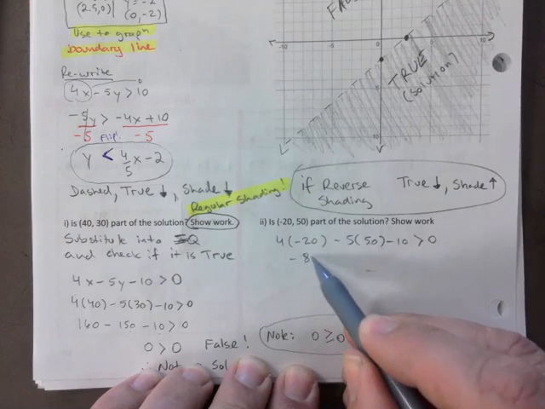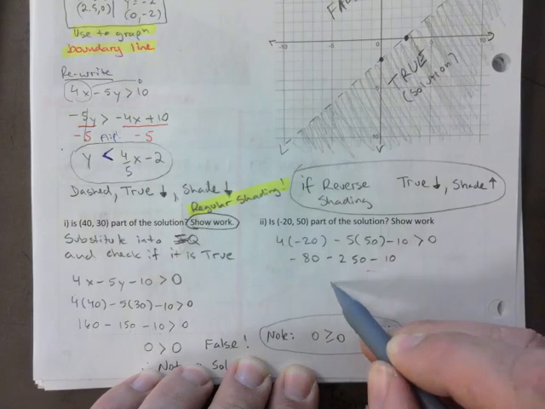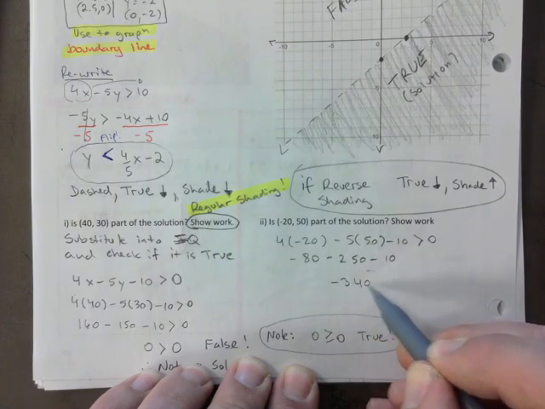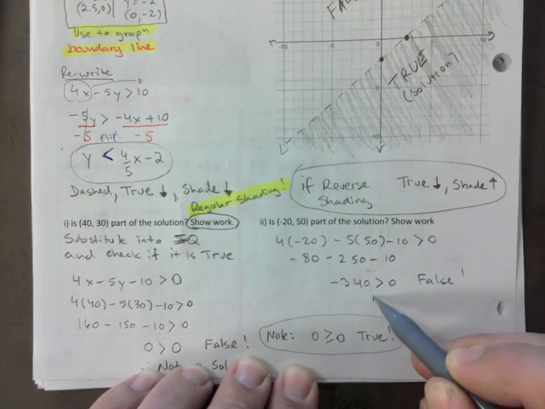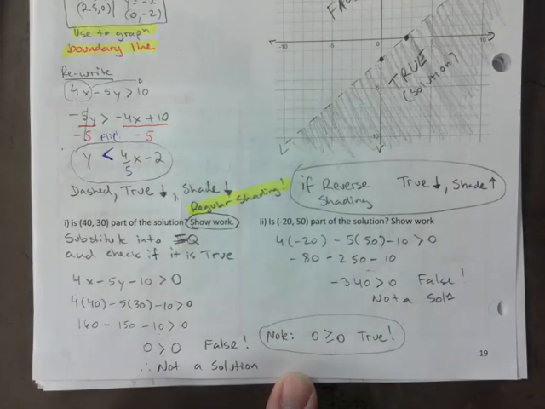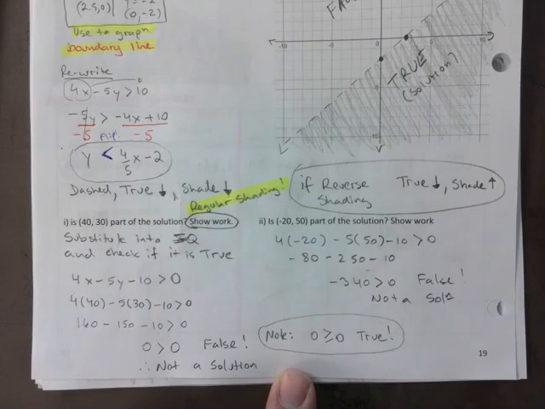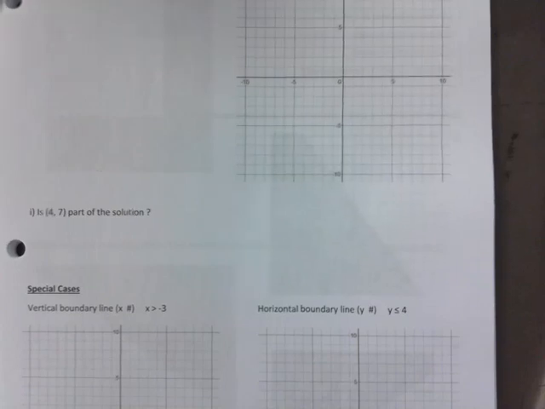That gives you negative 80 minus 250 minus 10. If you do all of that, you get negative 340 is greater than 0. This is false. Okay, not a solution. There we go. So don't just guess. Don't just say yes or no, because there is a 50-50 chance, right, for a point to be part of the solution.